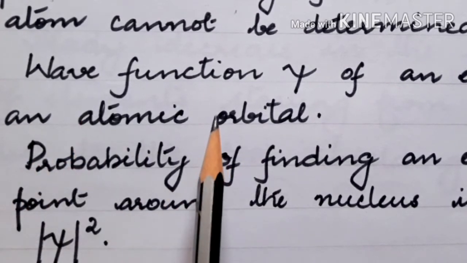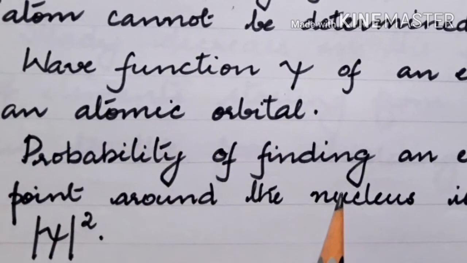Now, you find that the wave function is nothing but the solution of the Schrodinger equation. We have several solutions for the Schrodinger equation, and so we get a lot of wave functions for the electron. The wave function for an electron gives the information about the electron.